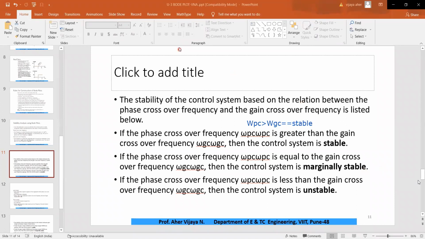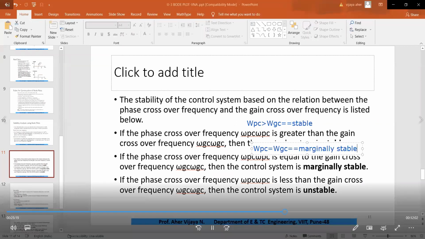So you have to remember this term. What do we have to write? When both frequencies are equal, not like that, you have to write like this: omega PC is equal to omega GC. At that time you can say the system is marginally stable, right? Second condition remembered.